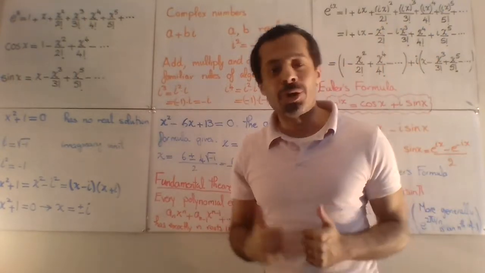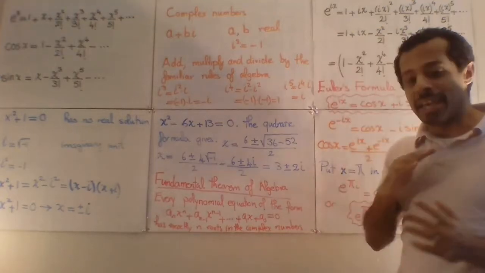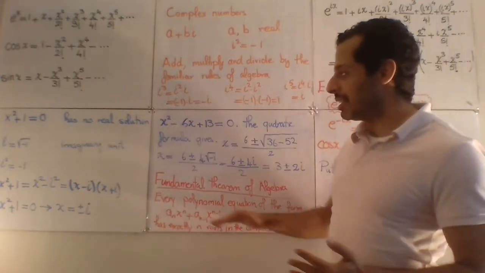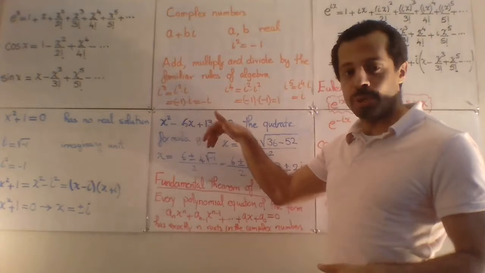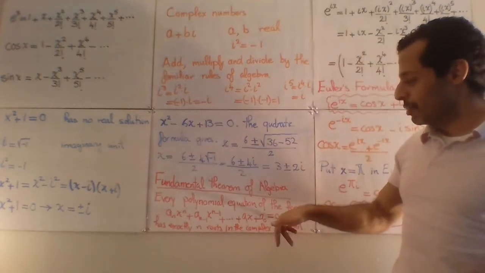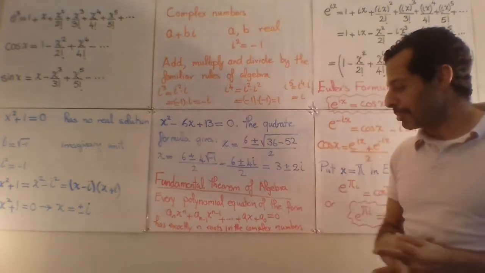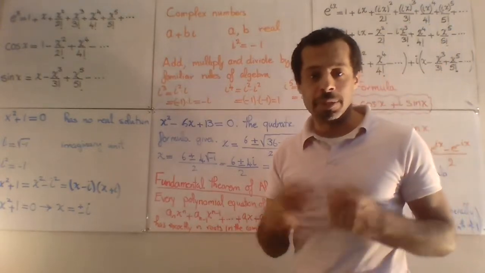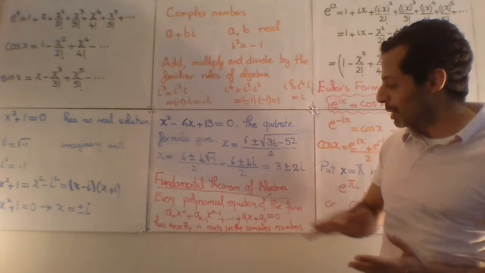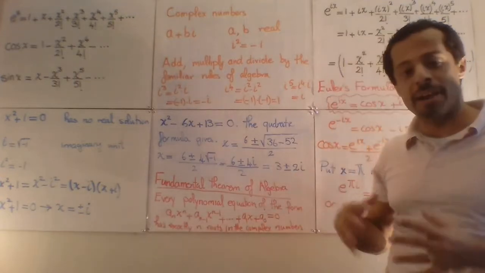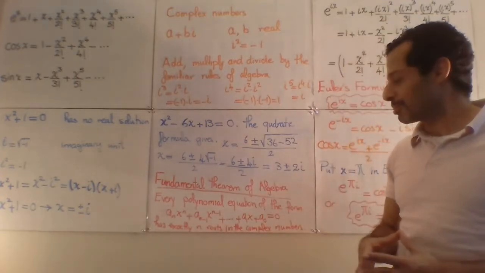And actually much more is true. If you take any polynomial of any degree n, then this polynomial will have exactly n roots in the complex numbers. Some of these roots might be repeated, but any polynomial equation will have exactly n solutions.